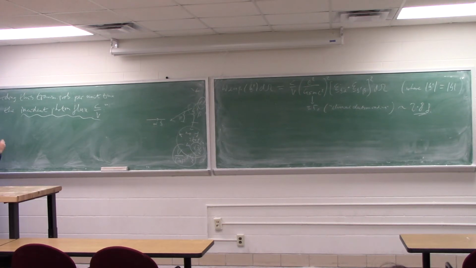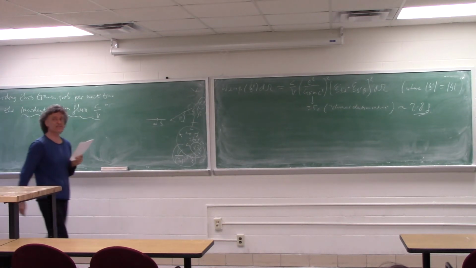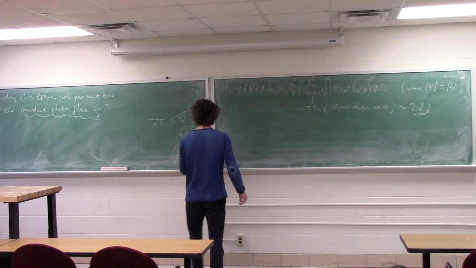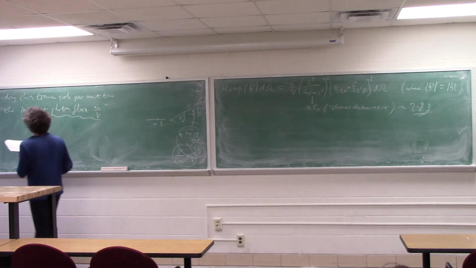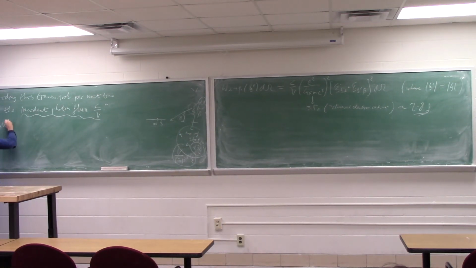What you then obtain, if you divide by the incident photon flux, c over V, is the differential cross-section.